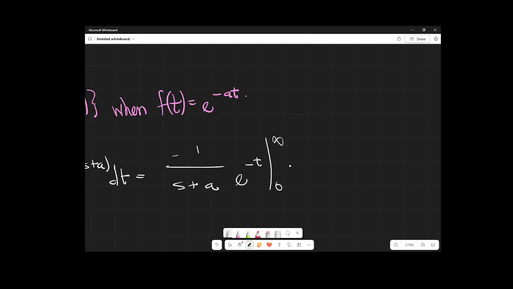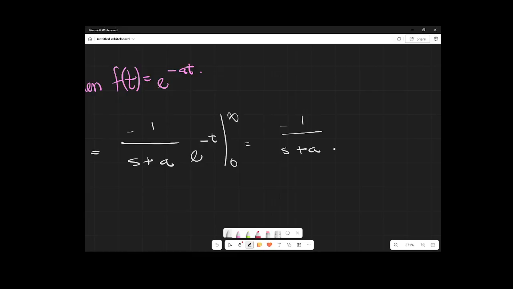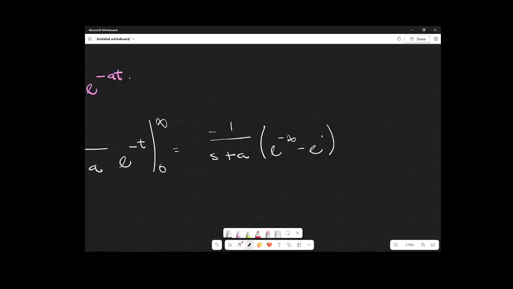So negative 1 over s plus a times, what are we doing here? So e to the negative infinity minus e to the 0, a situation we have encountered before.